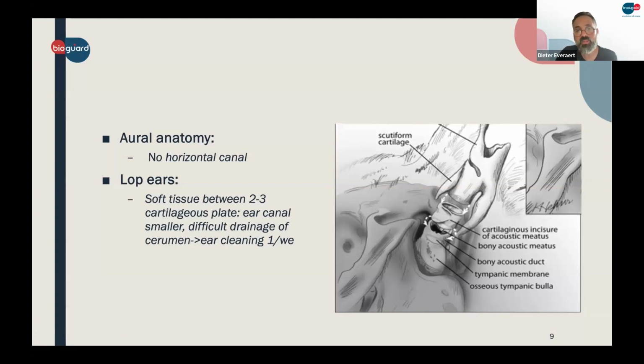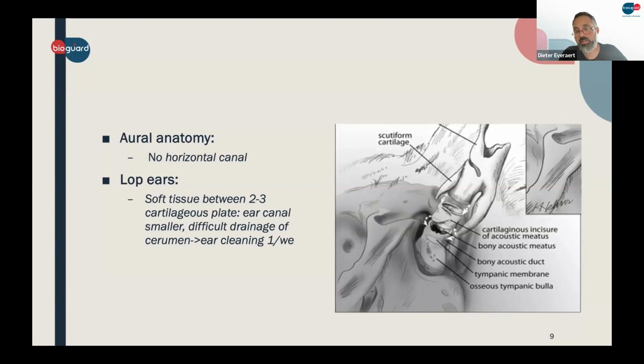That makes the ear canal smaller, and it makes it really difficult for drainage of the cerumen. So that's why we advise, in lop-eared rabbits, cleaning the ears once a week with a soft, cerumen-resolving cleaning lotion, because if you don't, the cerumen needs to go up because of the lop ears, and that's really difficult.